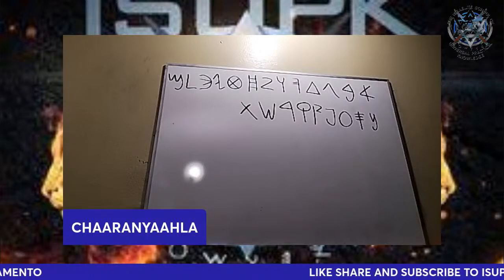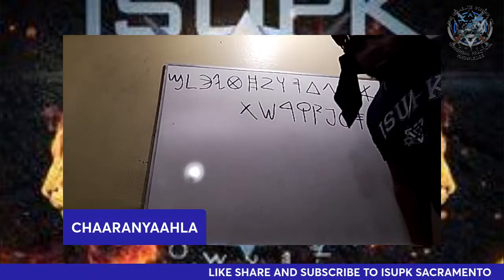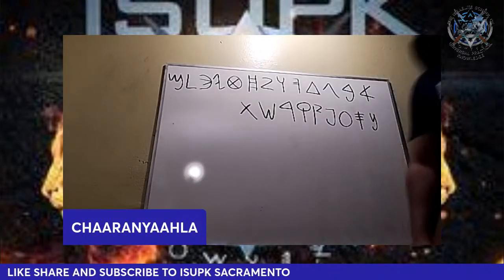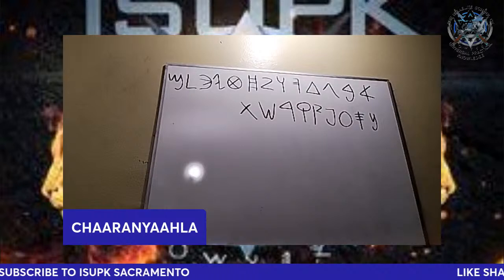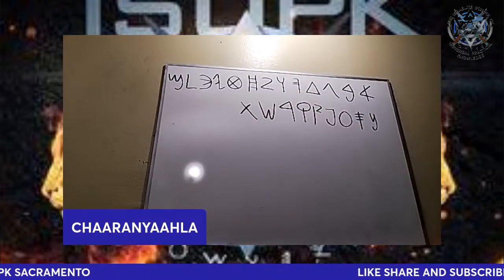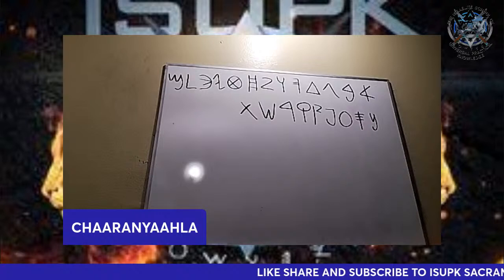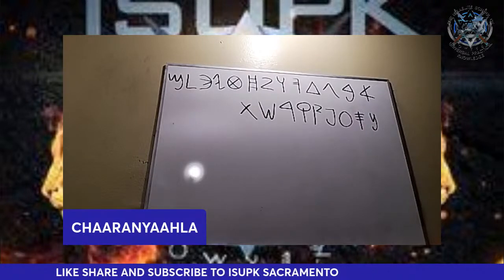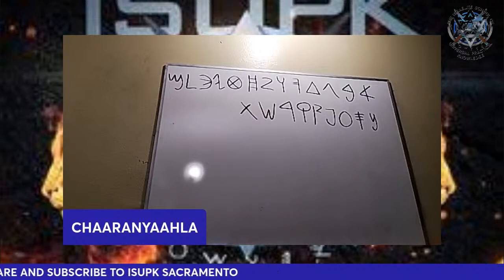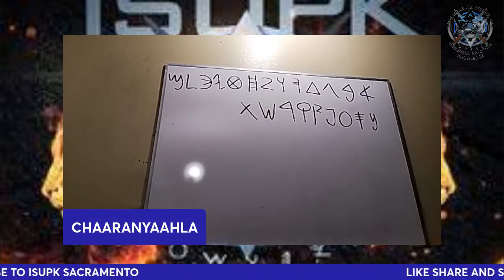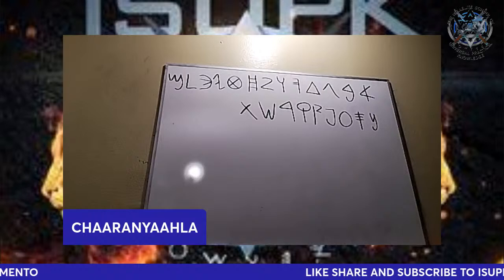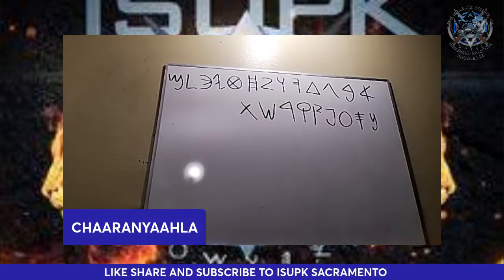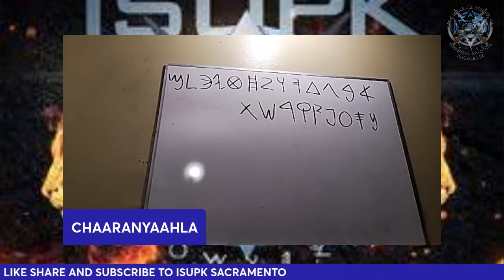So the first character at the top right corner, from right to left: A, ba, ga, da, ha, wa, za, ka, the ka, not to be confused with ka, but it's more of a CHAA instead of a KA.